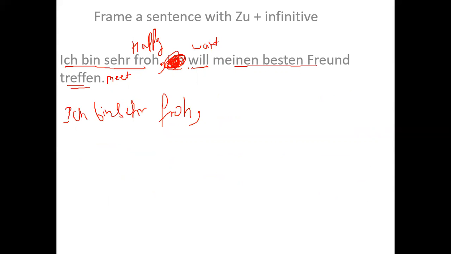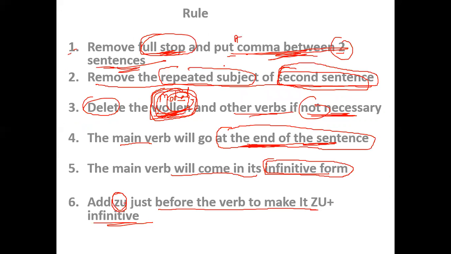So this "want" is a modal verb, a wollen verb is there. So this also I shall delete. So in English also, I am very happy to meet my friend. So want is also deleted, right? So in German also it is saying the same.